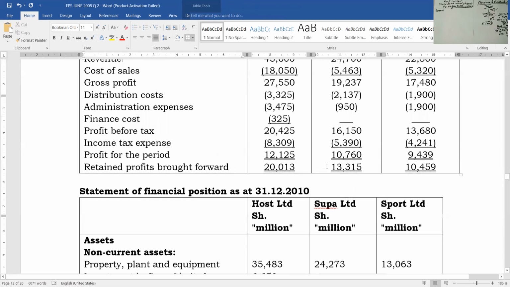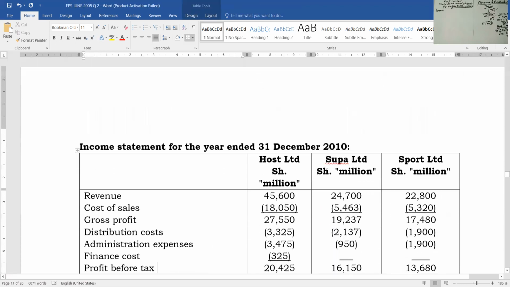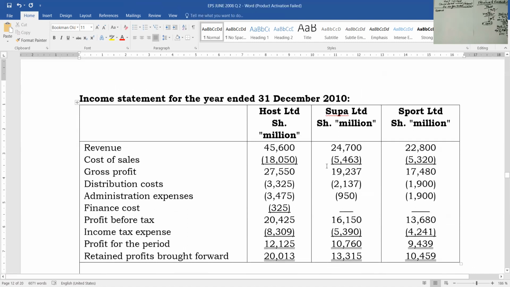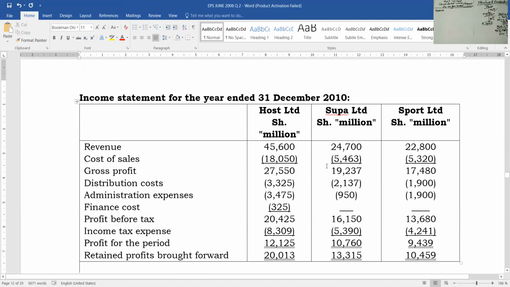If the subsidiaries are acquired during the year, you have to apportion and consider from the period when they were present. That is the essence of interpreting those dates. Since they were acquired in 2005 and 2007, in the current year they were present from January to December of 2010.